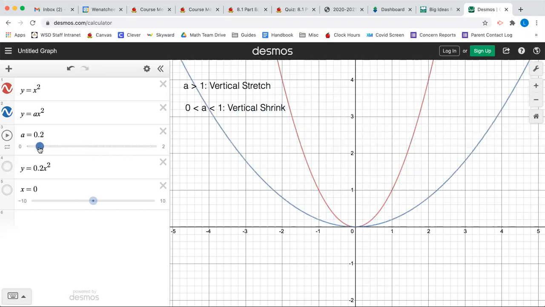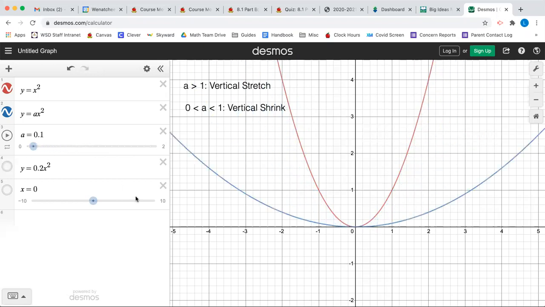Probably unsurprisingly, our parabola just gets more and more wide as opposed to more and more narrow. Oftentimes the way I like to imagine the vertical shrink is it's like it's compressing the parabola. It's pushing down on the parabola by the factor of a. In this case, this is a vertical shrink of a factor of 0.1.